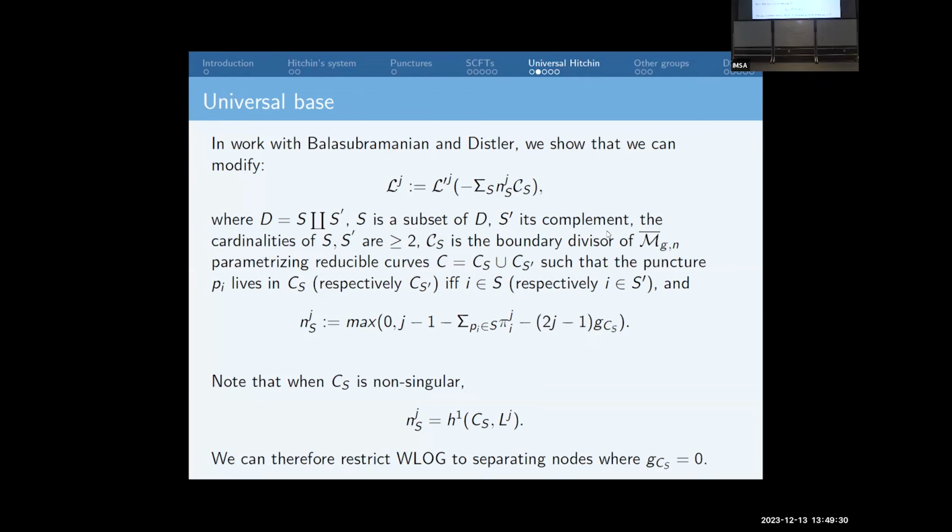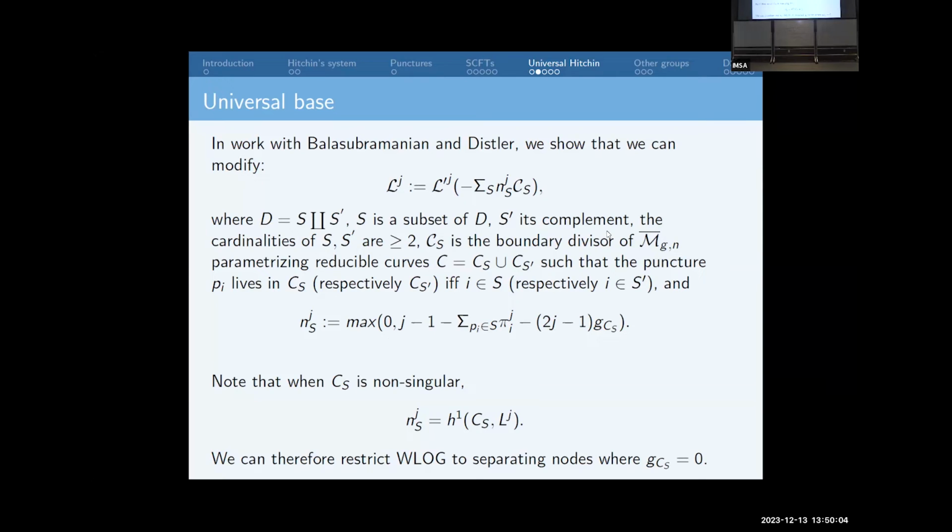The way to derive it is that when one of the two halves happens to be smooth, which is the generic case, then this number N_S^j is just the first cohomology of the line bundle L_j restricted to that component. That is basically the obstruction, the thing that makes it be non-flat. So you just reduce the degree by that, and now you have something that will give you a flat family over the boundary as well.